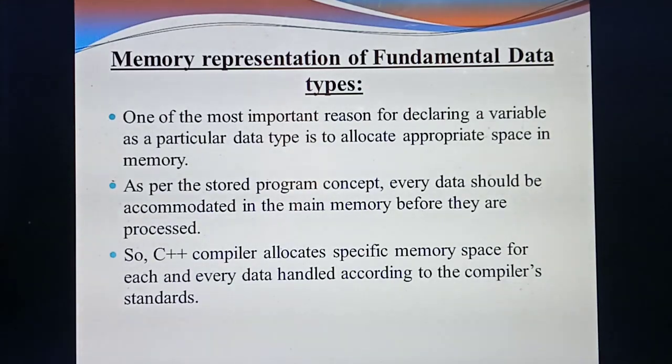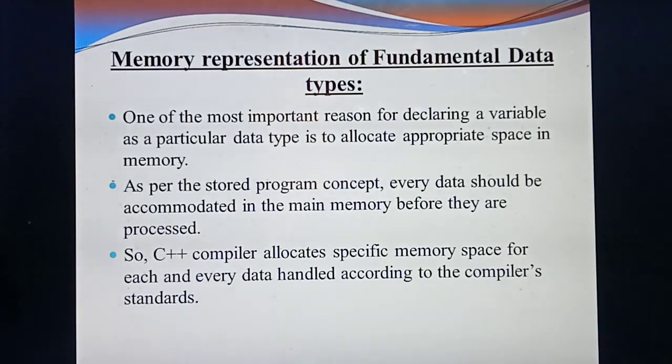A and B. In the program you declare A and B, and the compiler will immediately allocate some space for variable A and some space for variable B. Understood? That is what we call memory representation.